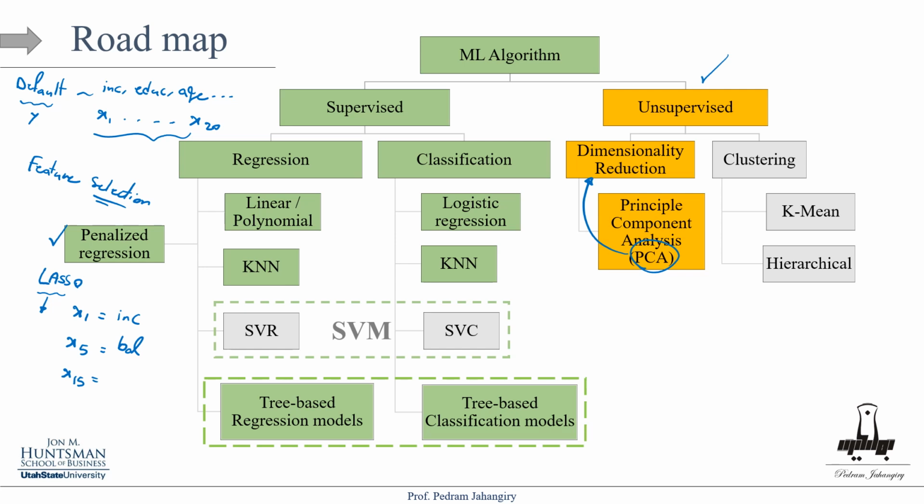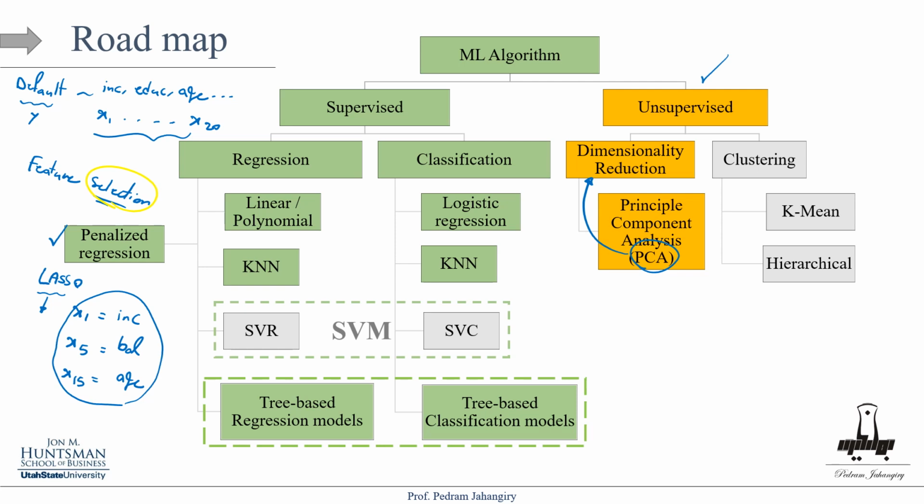And that one maybe was your age, right? So this is what we call feature selection. So let me highlight it. We're selecting features from 20, and the data set is labeled. That's fine. And then we said, okay, this is going to give us only 3 features.